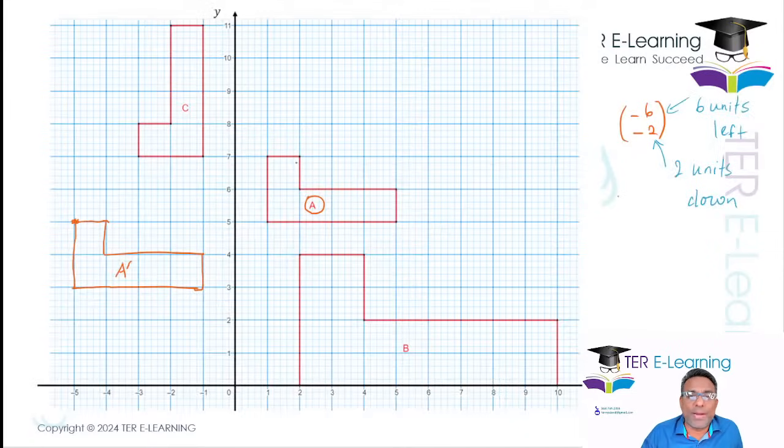So let's go back here now. I'm going to use a different color for this one. Remember, this is your starting object here and you want to reflect it. Now you can do this just by looking at it. So this here, 1, 2, 3.